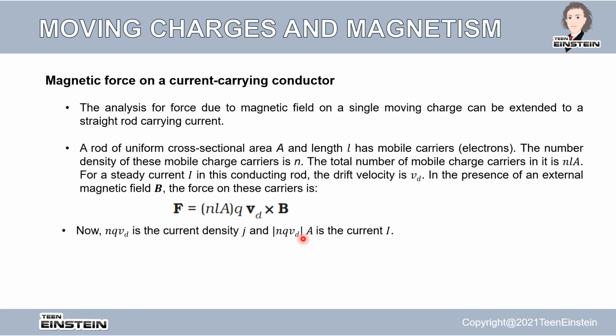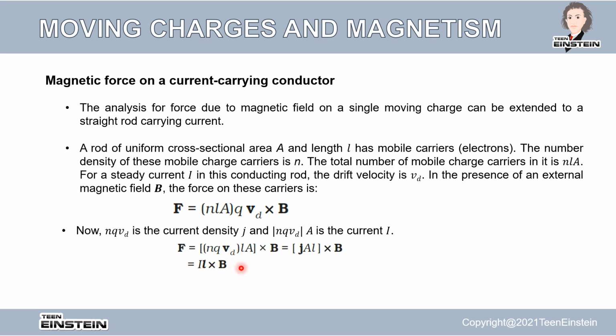So nqvd multiplied by A will give you the current. We can replace nqvd multiplied by A with J into A, nothing but I. So what we are left with is L cross B, and if you simplify this, you get I L cross B.